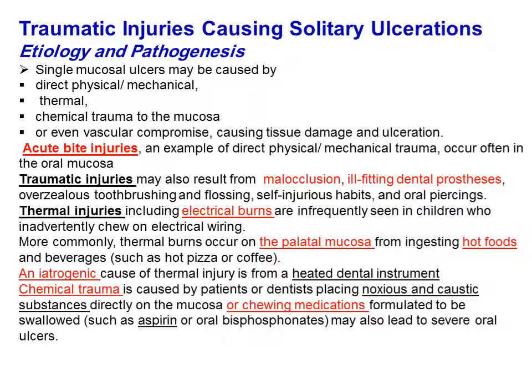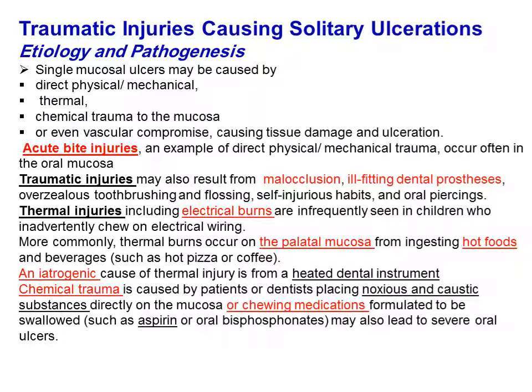Etiology and pathogenesis: a single mucosal ulcer may be caused by direct physical, mechanical, thermal, chemical, or even vascular components causing tissue damage and ulceration.